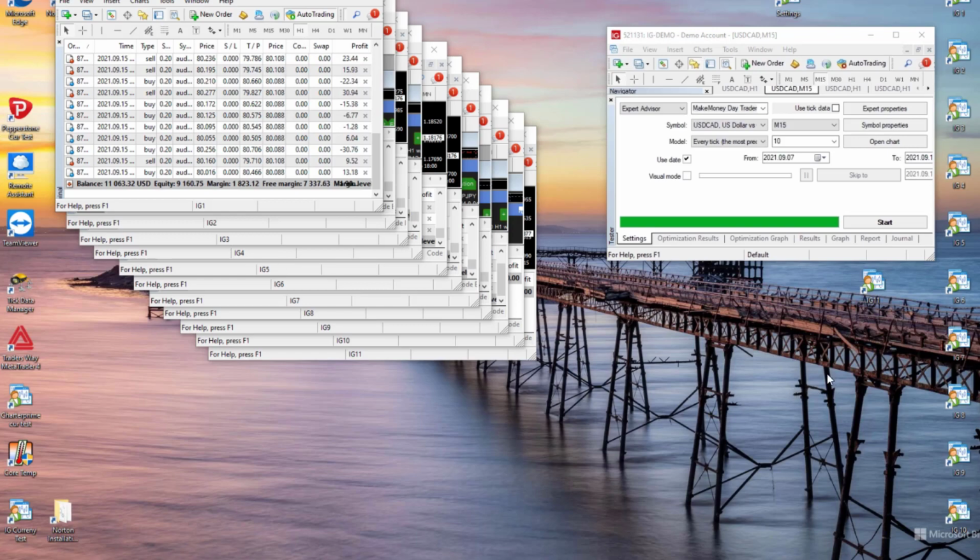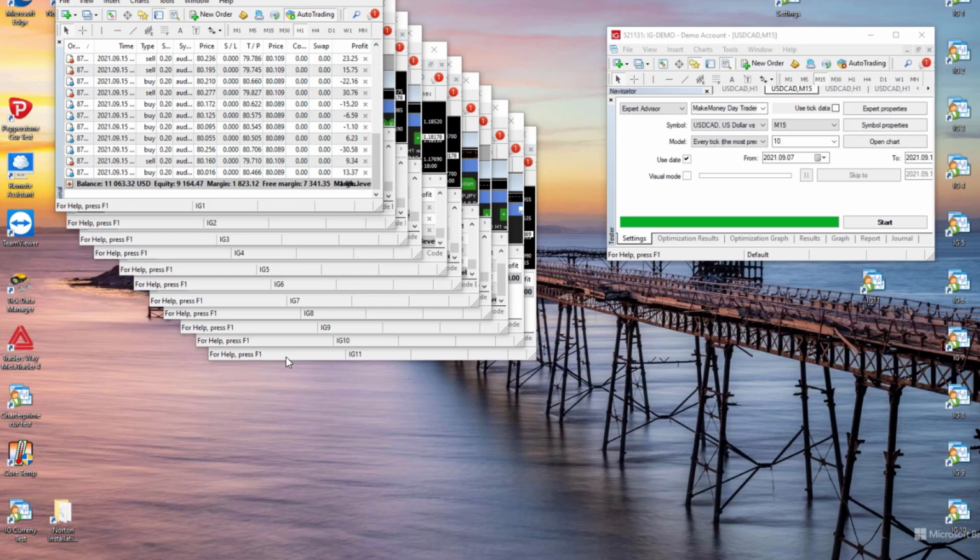Okay, so what I've shown you here is the full process of finding settings to trade using a manual trading approach, an approach based on sound trading principles. And I've shown you how to find better settings and then to backtest those settings based on the previous week's trading, and then save that as a set file which you can then use to trade the next week.